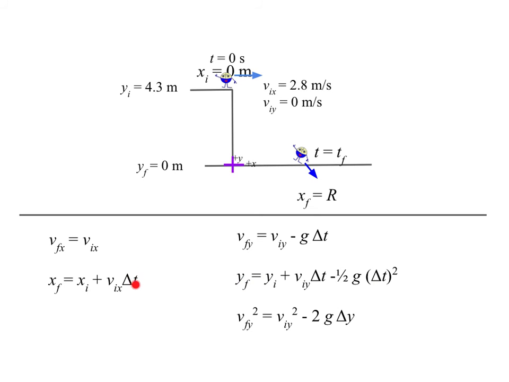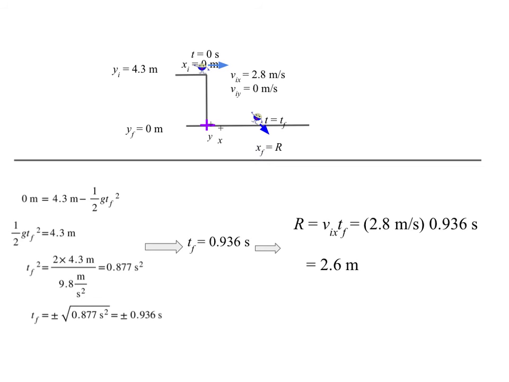At the time we have, this will be TF. So when we plug into it there, we'll have the TF equation like before. 0 is 4.3 minus a half g TF squared. Here we get TF is plus or minus 0.936. The positive one is the only physically meaningful one. Takes about 0.93 seconds for her to hit the ground, and so her range is 2.6 meters.